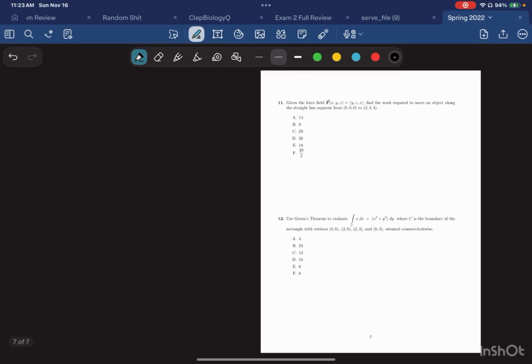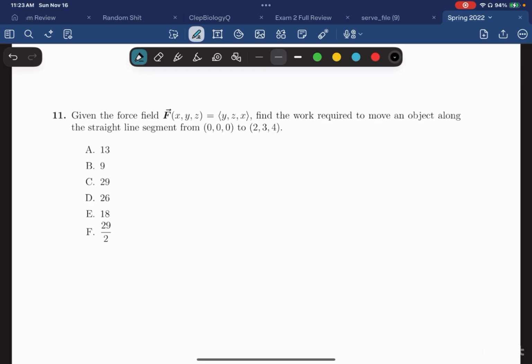Okay, number 11. Given the force field, this vector F, y, dx, find the work required to move an object along the straight line segment from 0, 0, 0 to 2, 3, 4. So we have to parameterize a line segment, which is simply the start point plus t times the vector of finish minus start. What is finish minus start?